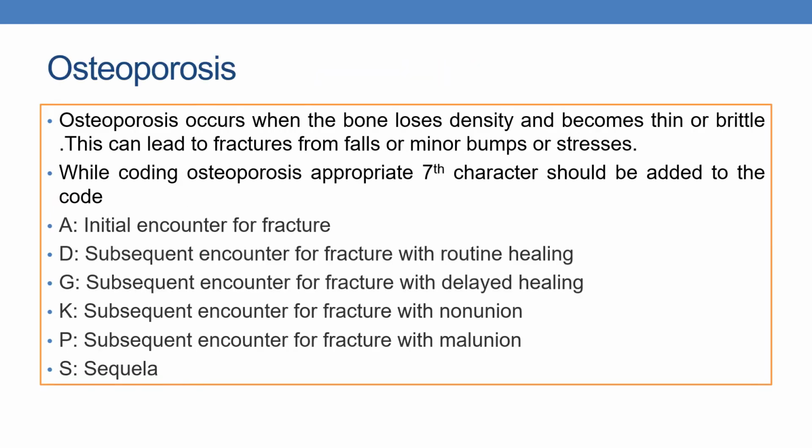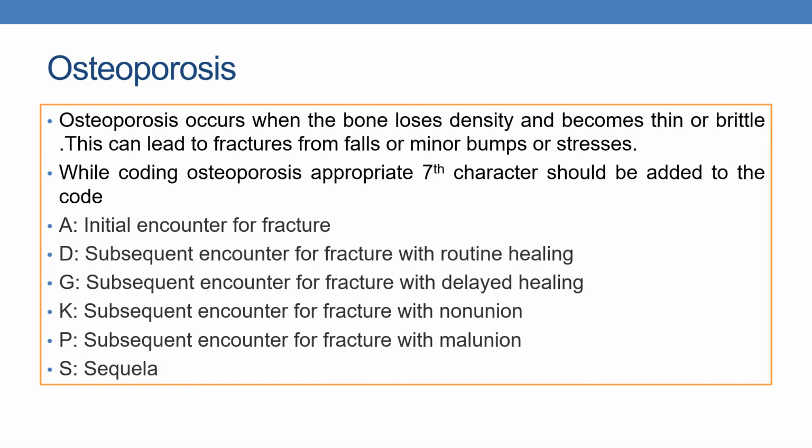Coming to the further details regarding osteoporosis, osteoporosis occurs when bone loses its density. There will be loss of density and it becomes thin and brittle. This can lead to fractures from falls or minor bumps or stresses. Usually a healthy individual may not be prone to fractures more often, but persons diagnosed with osteoporosis are prone to fracture from simple minor falls and bumps.